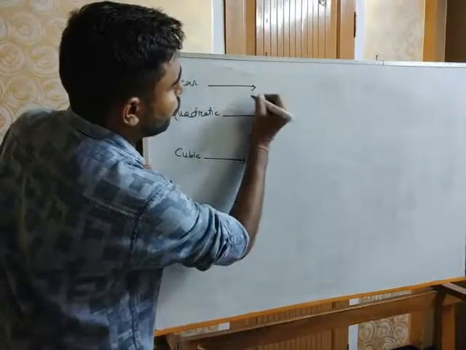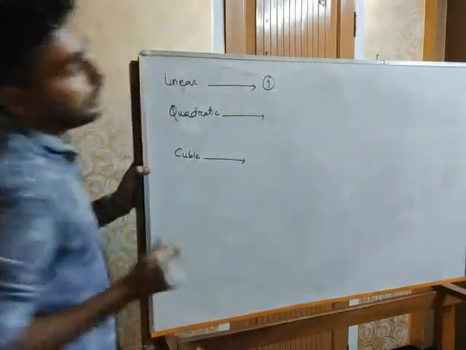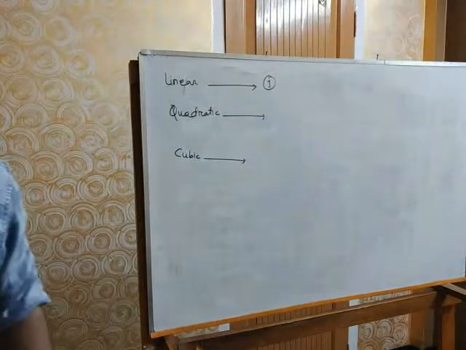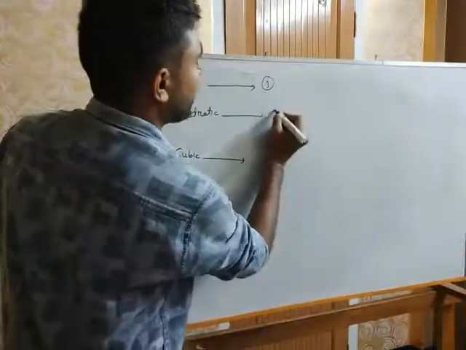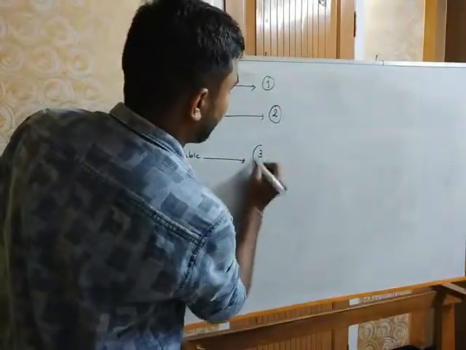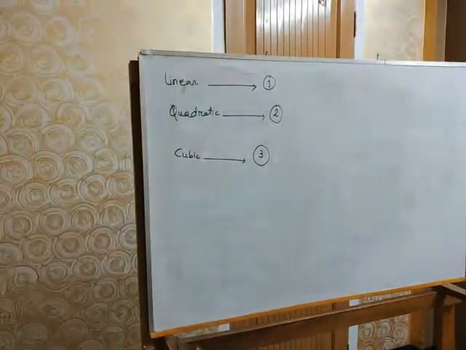The polynomial whose degree is 1 will be called a linear polynomial, the polynomial whose degree is 2 will be called a quadratic polynomial, and the polynomial whose degree is 3 will be called a cubic polynomial.